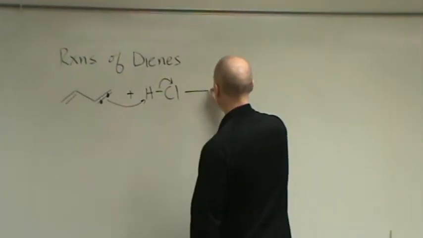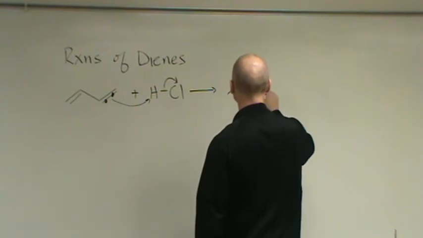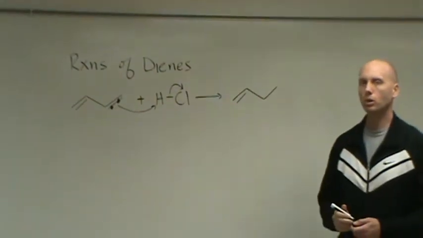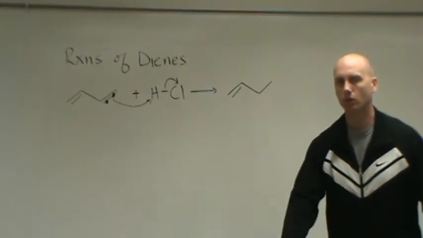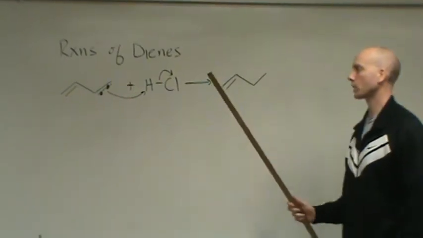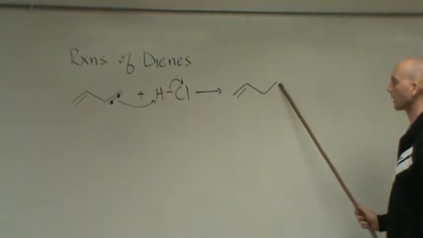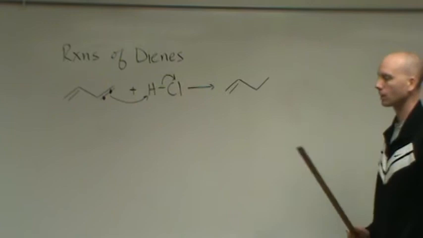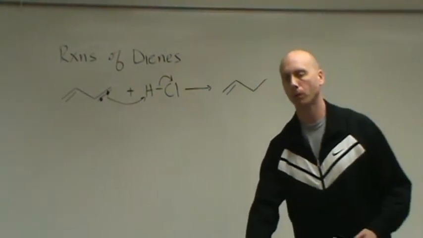What is the result? Well, again, we have two options where to put that hydrogen. We learned last time where it's going to go. It's going to go here, right? So that the more substituted carbon, the secondary, forms the positive charge.